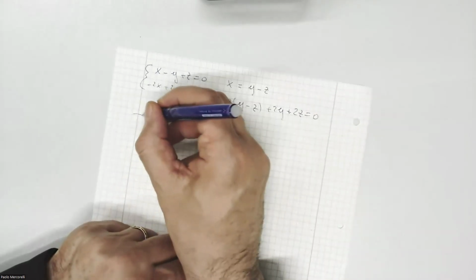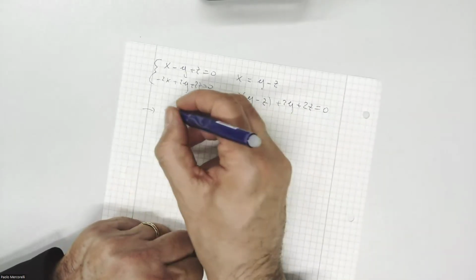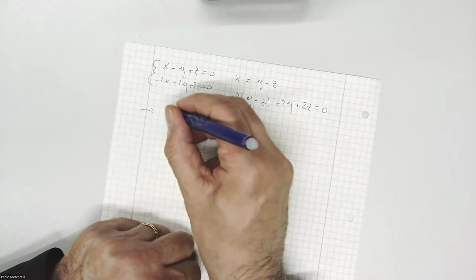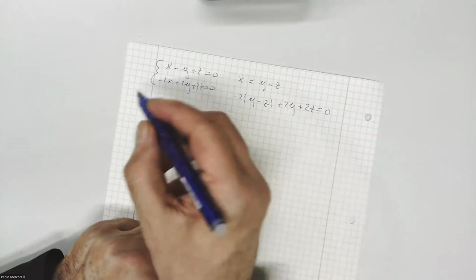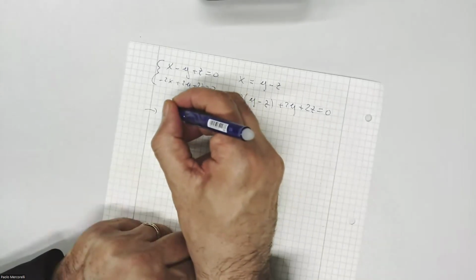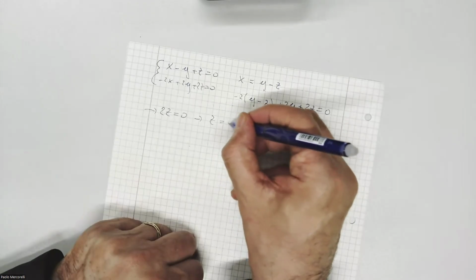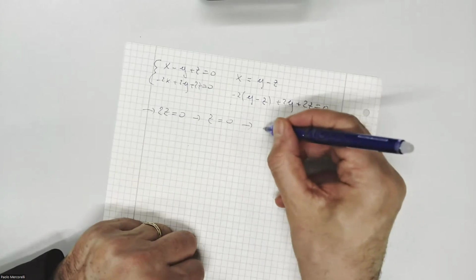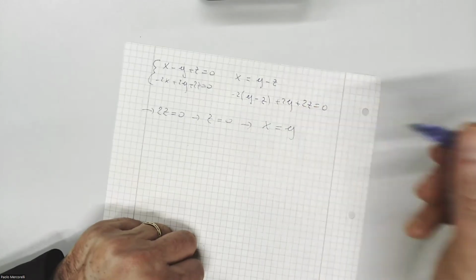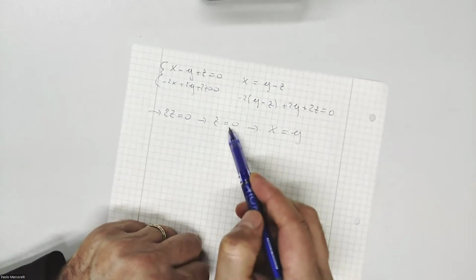This means, if I look here, to be precise, 2z equals 0, which implies z equals 0, which implies x equals y from here, if I plug in z equals 0.